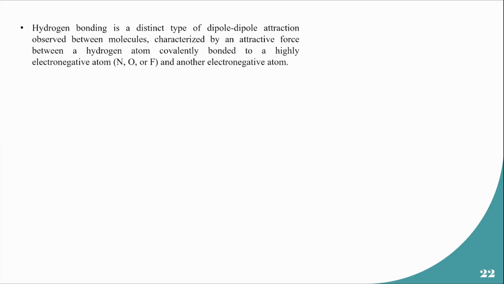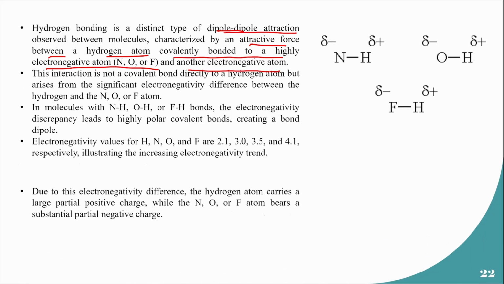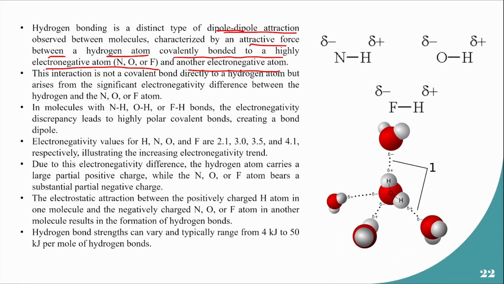So if we take a quick look at the hydrogen bond, it is basically a dipole-dipole attraction observed between molecules. It is characterized by the attractive force between a hydrogen atom which is covalently bonded to a highly electronegative atom and another electronegative atom. What is happening is that if hydrogen is bound to an electronegative atom, the electronegative atom pulls the electron cloud towards itself, so there will be a partial charge distribution over these atoms.